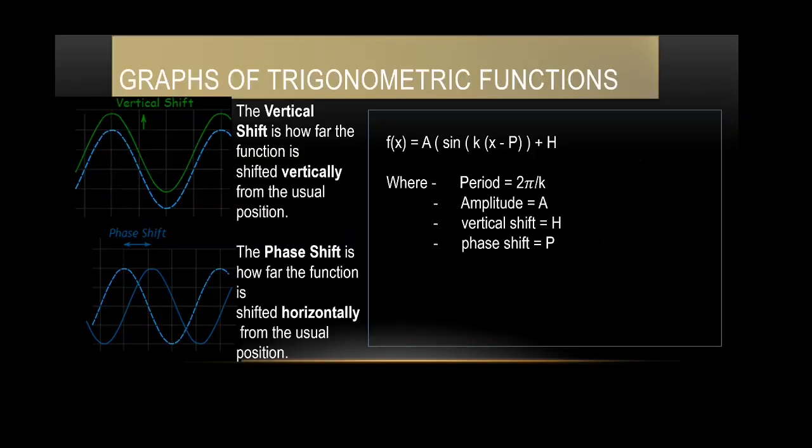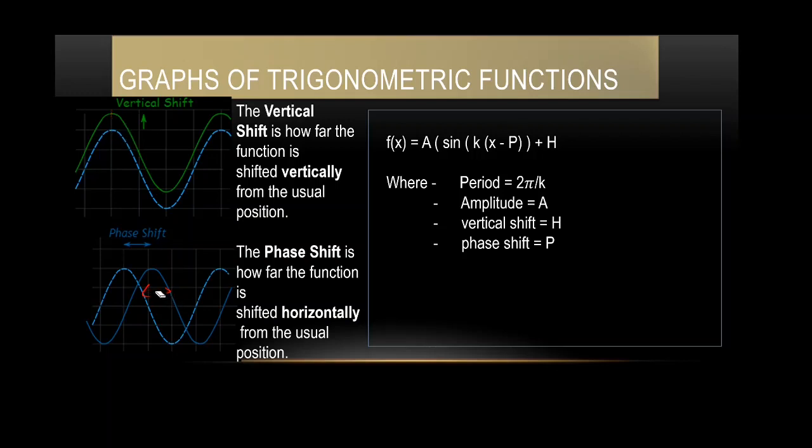There are two more properties, which are the vertical shift and the phase shift. The phase shift is also the horizontal shift. The vertical shift is how much it is shifted upwards or downwards, and the phase shift is how much it has shifted left or right.